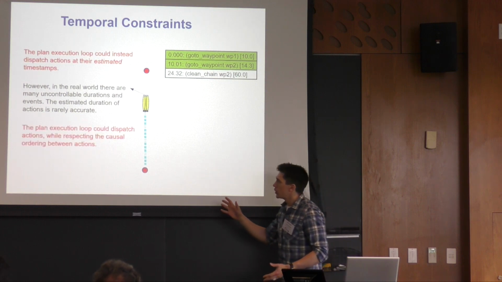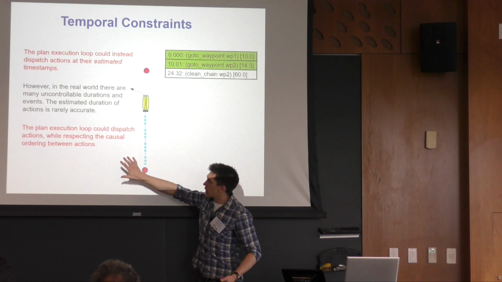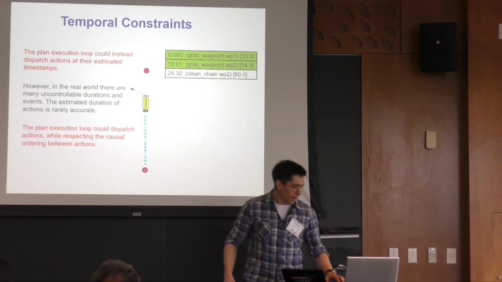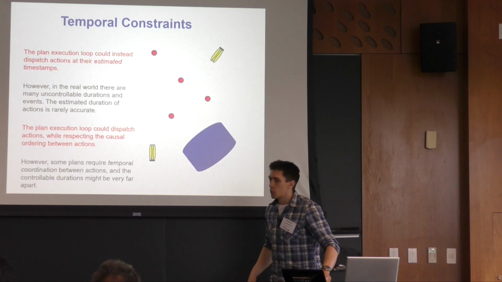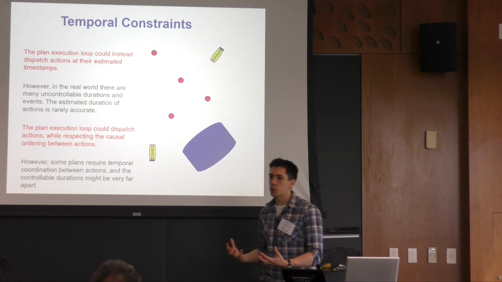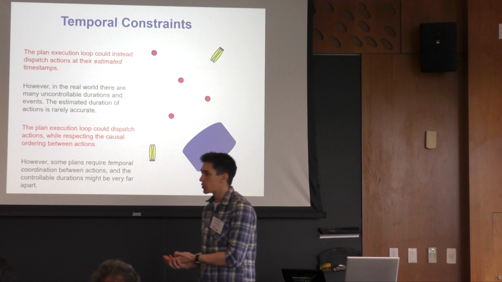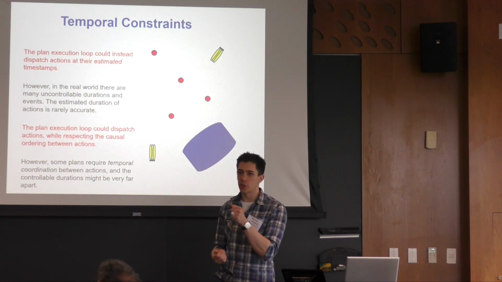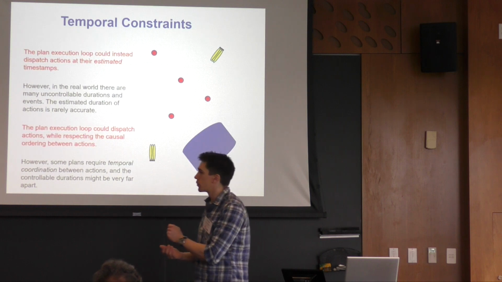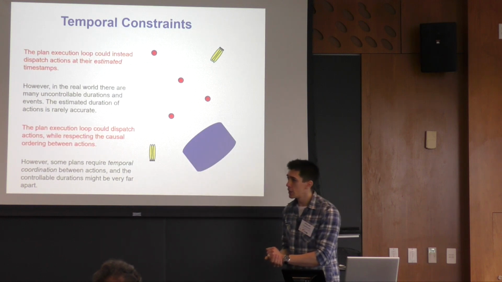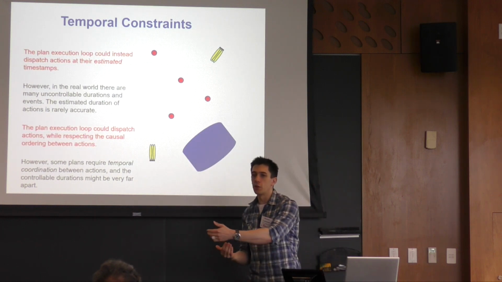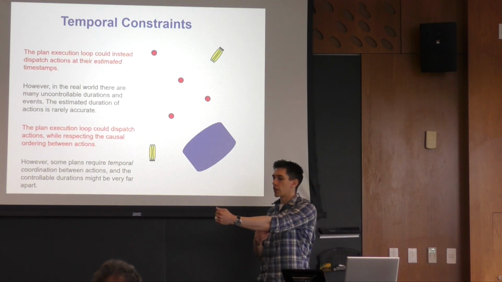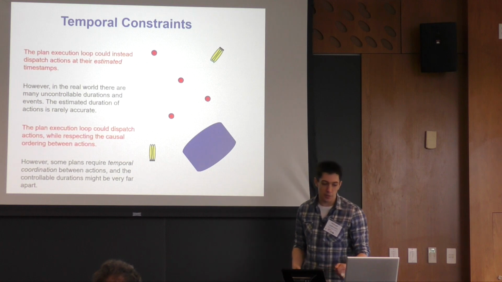So we could dispatch the actions while respecting the causal orderings between actions. First of all, we have to extract what are the causal orderings between actions, but this is a thing that's possible to do. If we know what the precondition of an action is, we can wait until those preconditions have been achieved before dispatching the action. And if that time is still before the estimated dispatch time, we could wait until the time at which we should dispatch that action.